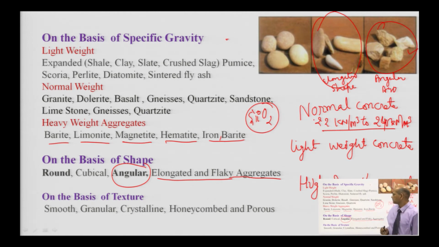As I told you, we have a gravel or a stone that has to be crushed into different sizes, and after the crushing you have to grade it. So, this angular type is very important. It is going to give you better strength, better bond.